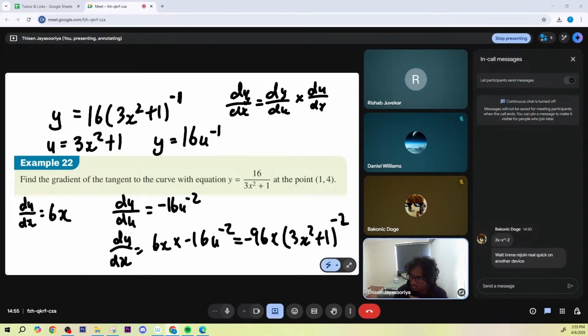Is that all good for you, Joe and Daniel? So we've just found the derivative. We haven't even finished the question. So how can we then find the gradient at this point? Daniel, tell me.